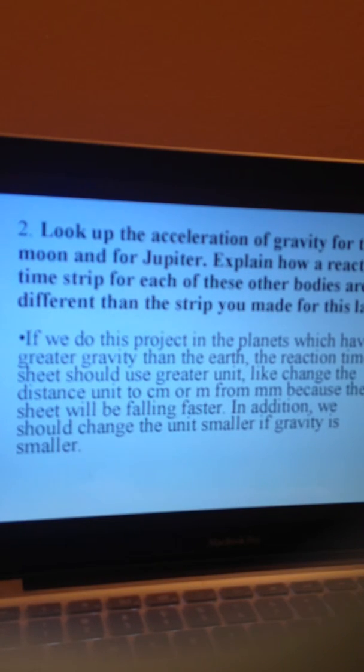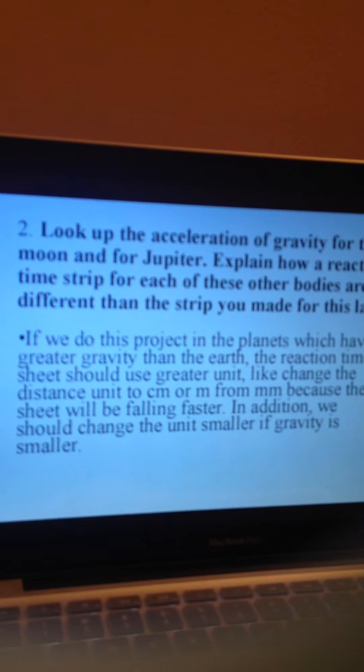Second, look up the acceleration of gravity for the Moon and for Jupiter. Explain how a reaction time stripe for each of these other bodies is different from the stripe you made for this lab.